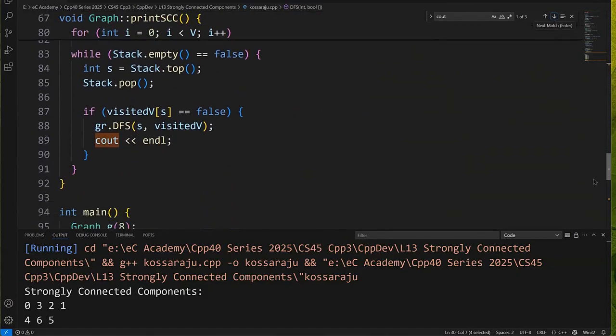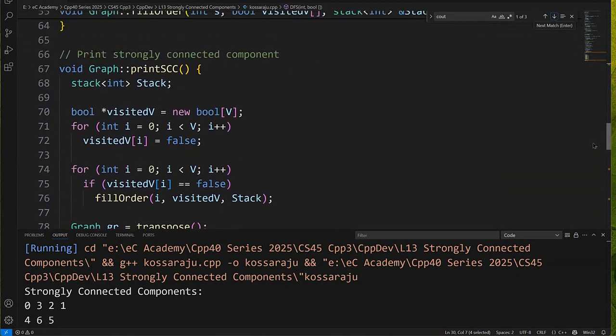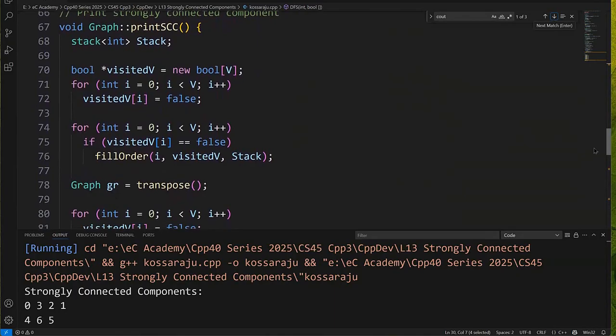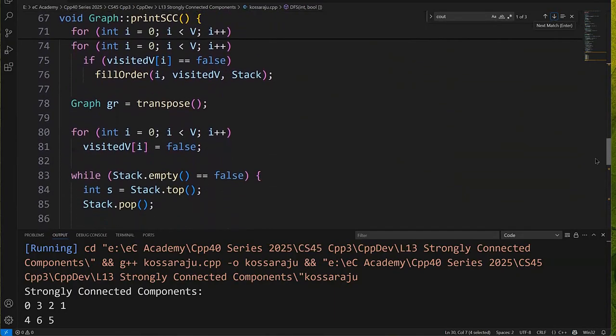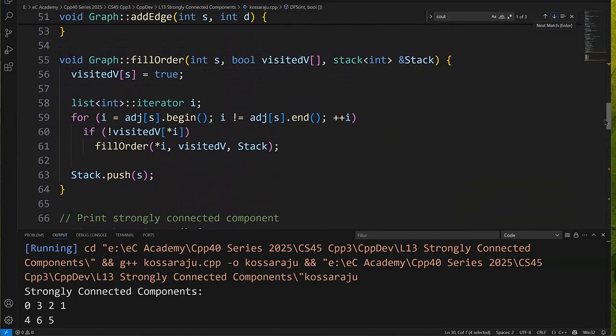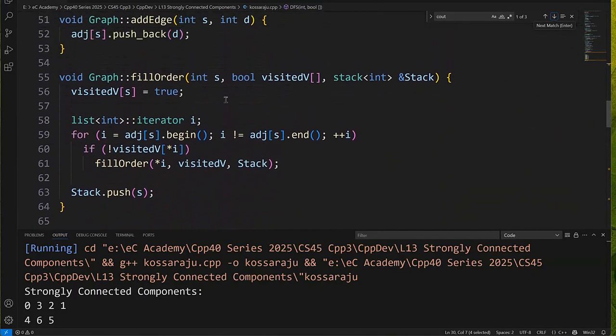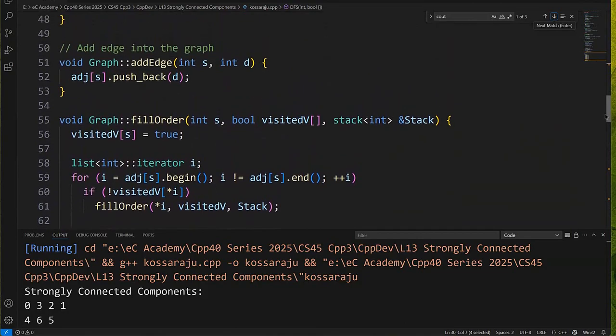So when you do the so-called depth first searching, you have a fill order, and your fill order is right here.